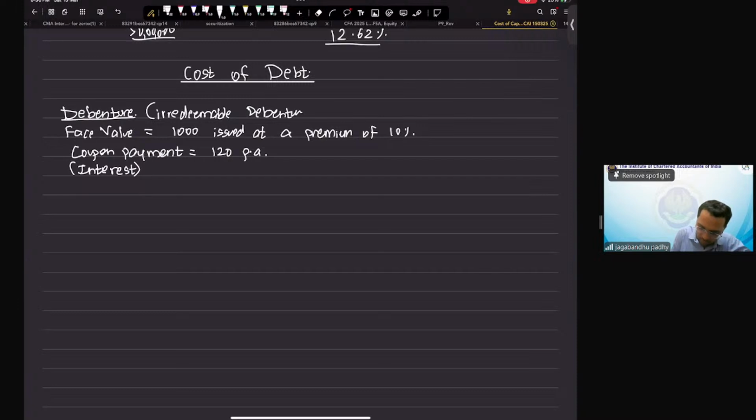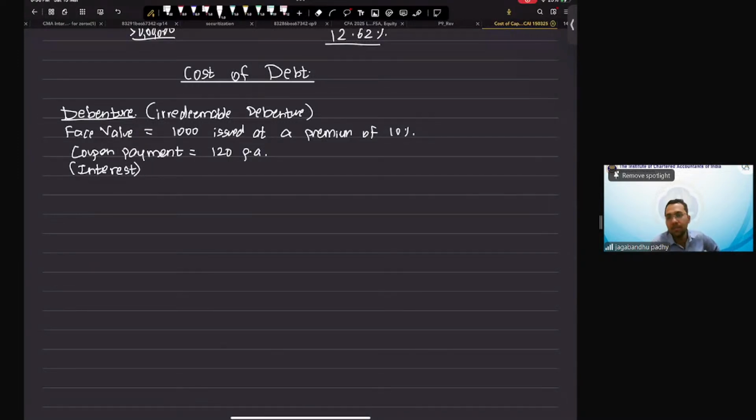What do we understand by irredeemable debenture, guys? Never redeems, right? The principal amount is never going to be paid out.